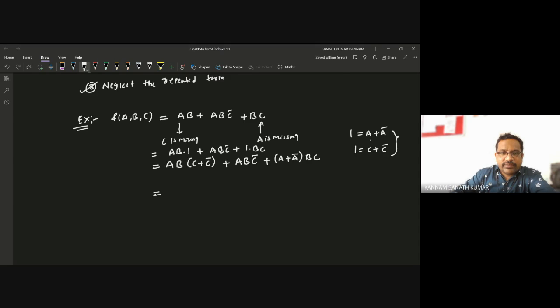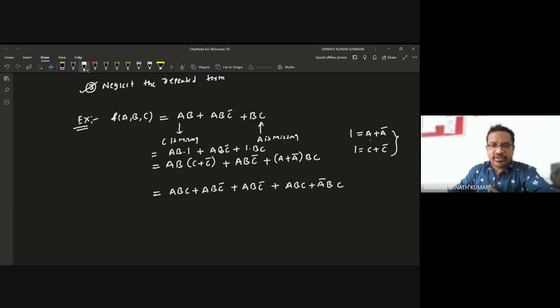Next you need to multiply: ABC or ABC bar or ABC bar or ABC or A bar BC. If you see this, ABC bar and ABC bar, both are the same, no? So now you need to neglect the repeated terms.